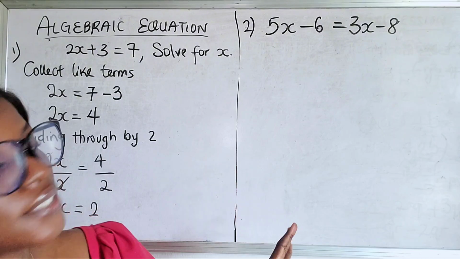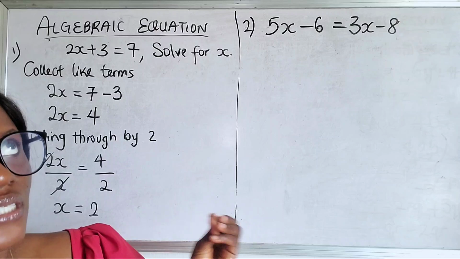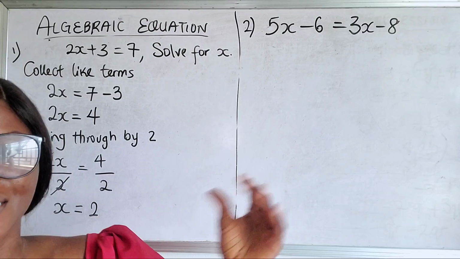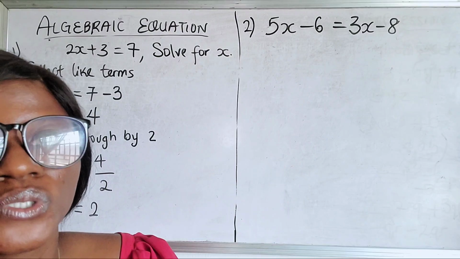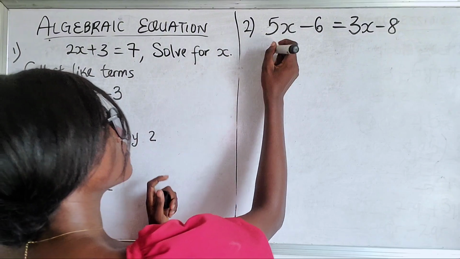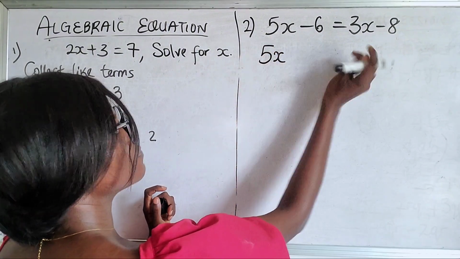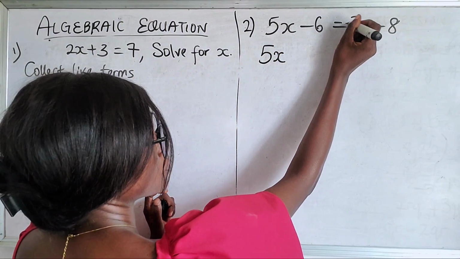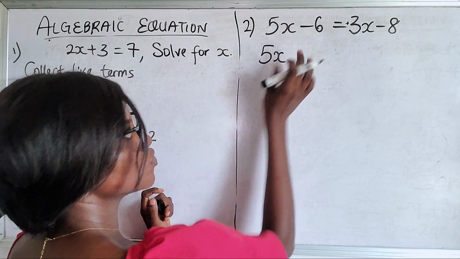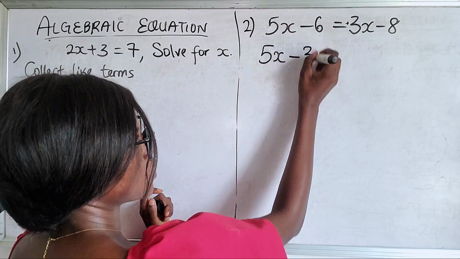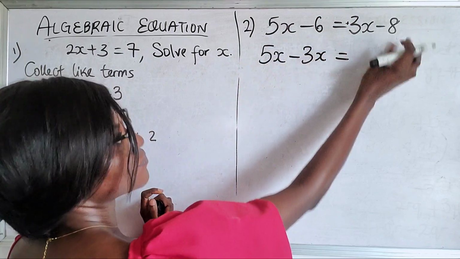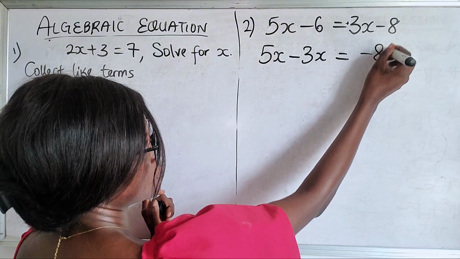Now in this case, we want to collect like terms, meaning we want to take siblings to the same house. So we have 5x. If this sibling, which has plus in front of it, crosses, it changes to a minus. Remember, this one remains here.